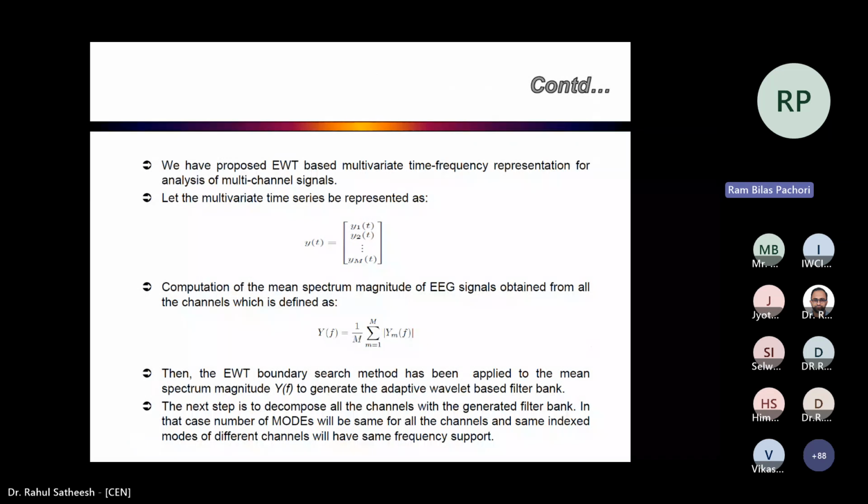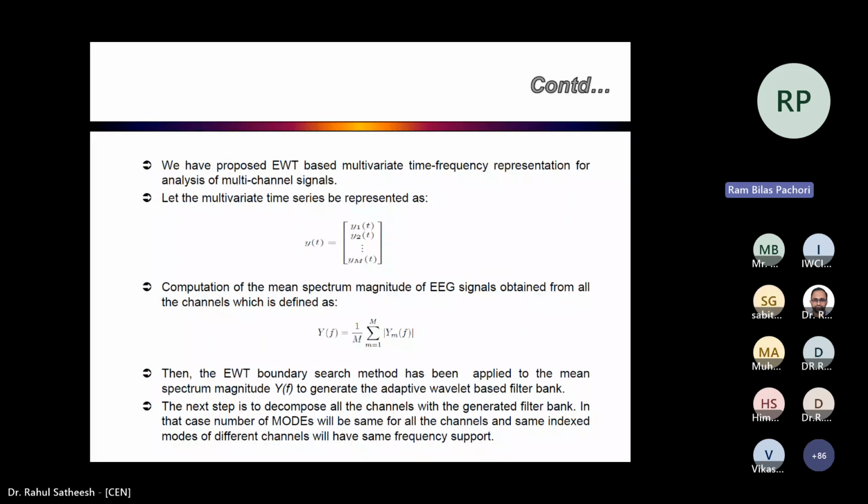We have proposed an empirical wavelet transform based multivariate time frequency representation for analysis of multi-channel signals. A multivariate time series can be represented by this mathematical expression in the form of a matrix, where each element is a single univariate channel. Arrangement of these univariates gives you the multivariate signal. What we have suggested, instead of going for individual Fourier spectra, is to use the average Fourier spectrum of all channels, and based on that design the filter bank, or wavelets, to separate out the IMFs from the signals.